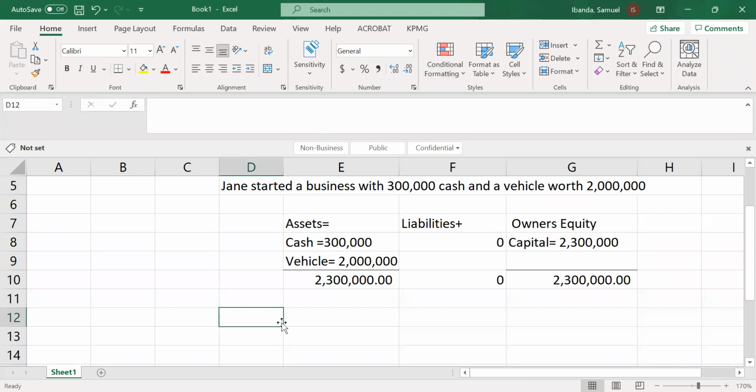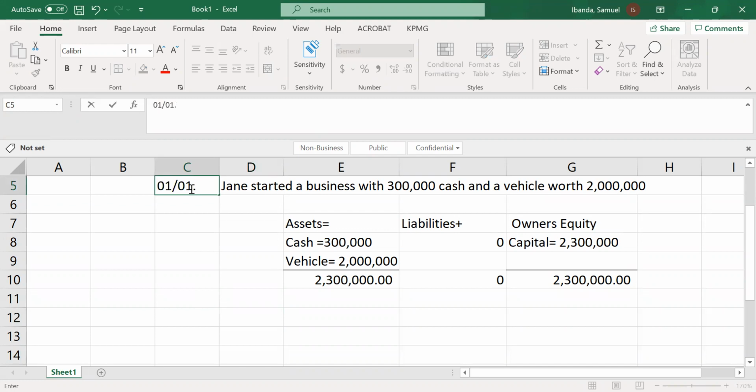I believe that you've been able to reflect on this transaction, and I hope you're trying to pick something up. So I'm going to do another transaction, and then from there, I'm going to ask you questions, or you're going to ask me questions. So maybe this was on 1st September.